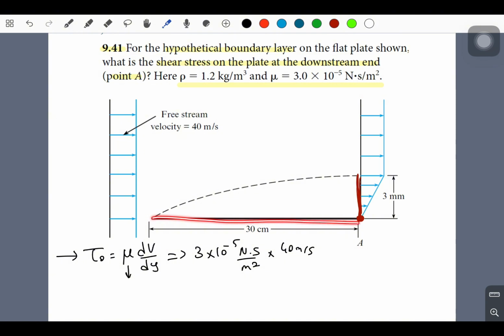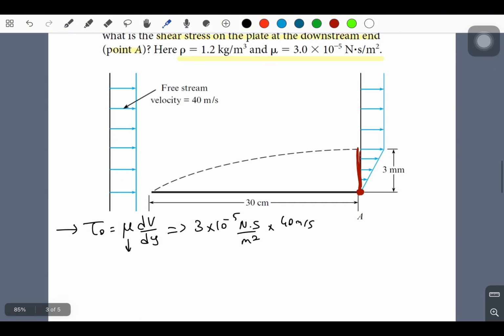And we have this flat plate, and we just need to find the shear stress at this point. As it is clear from the equation of the shear stress, we need to use the velocity at this point, because this actually means the change of velocity related to this thickness.